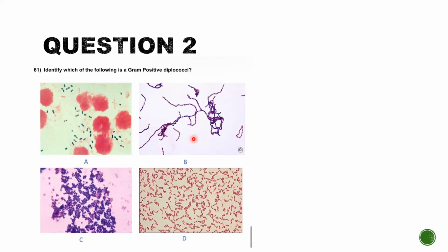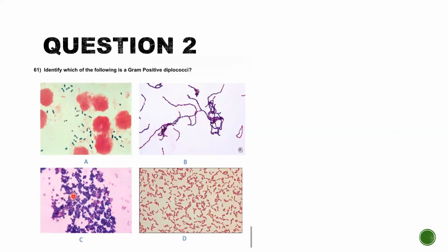Is it gram-positive or negative, this picture? Yes, it's positive. Is it strep or staph? Strep, exactly, because they're in chains.